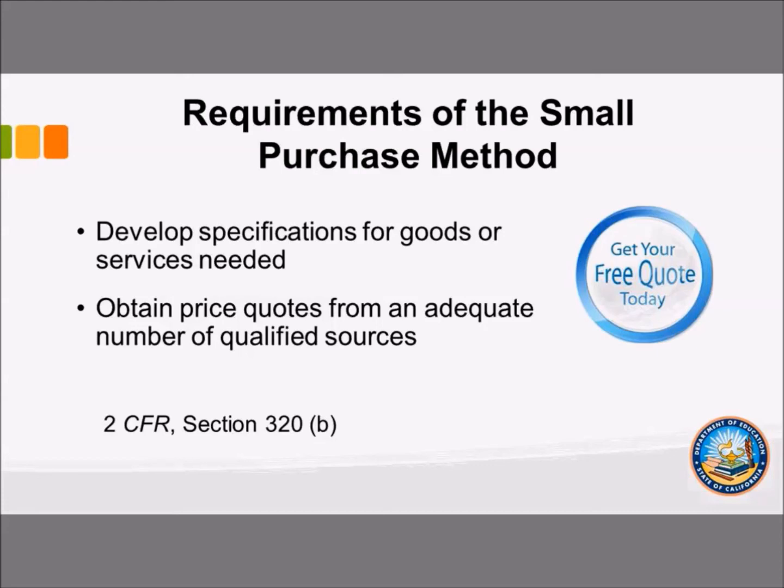The second criteria is the goods or services are only available from one source. The third criteria is there is an urgent or public need that will not permit a delay. And the fourth criteria is the state agency approves after written request.